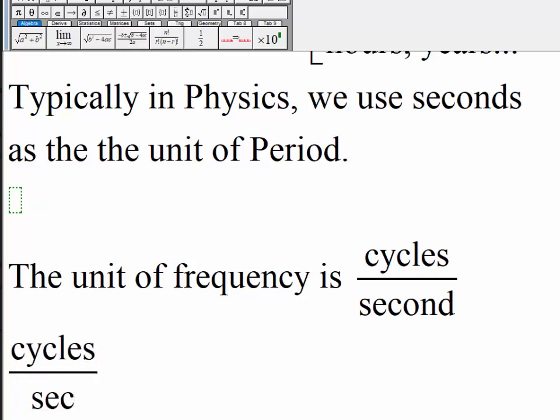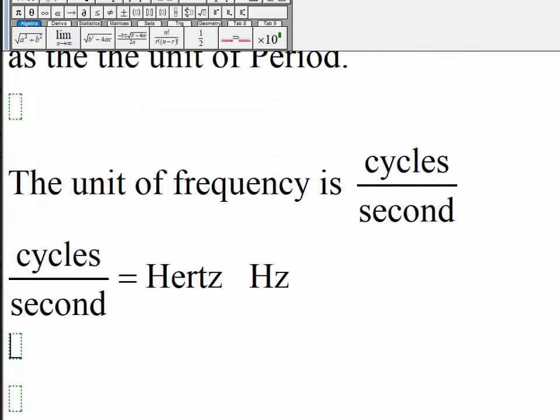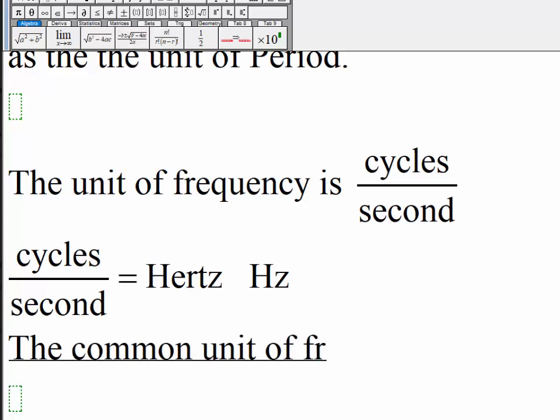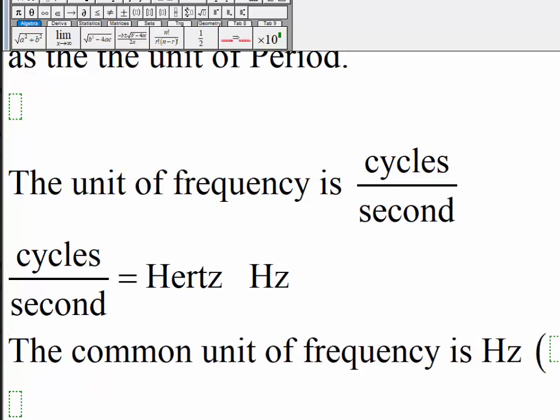Cycles per second is known as a hertz. And a hertz has an abbreviation. It's capital H, lowercase z. So the unit of frequency is Hz, which stands for hertz.